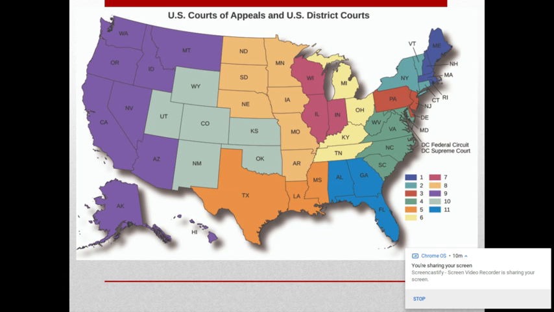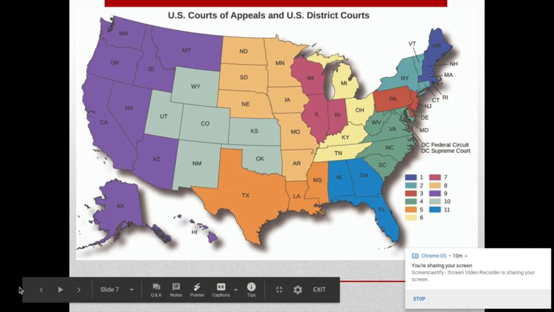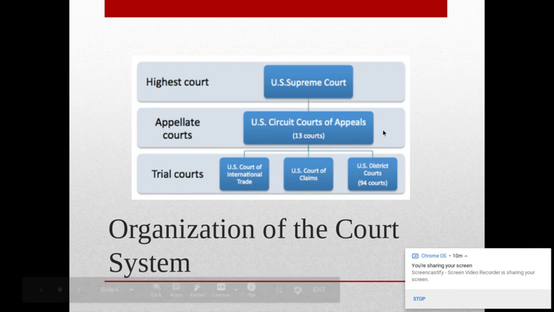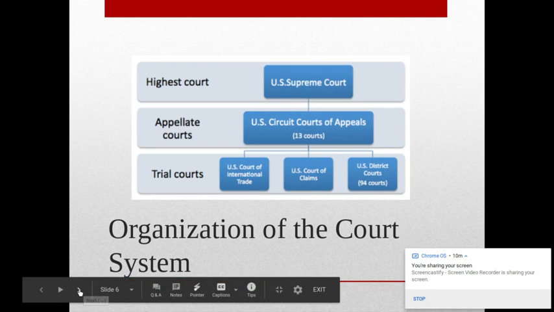That's their job. They do hear criminal and civil cases. I'm going to talk about the difference in a minute. They get about 60,000 cases a year. The reversal rate is about 20%. So if you send a case up from the district level and you don't like the decision, it's not a high likelihood, one, that the case is going to be picked up, or two, that the judges on the Court of Appeals are going to reverse the decision.